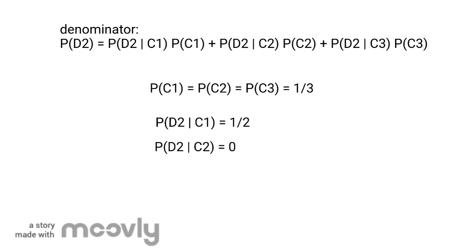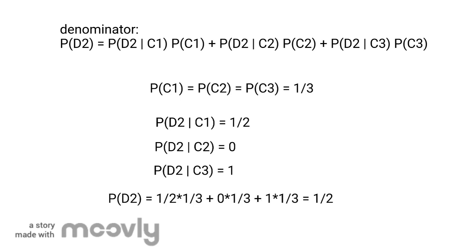P of D2 given C2 is equal to 0, because given the car is behind door number 2, the probability of the game host opening door number 2 to reveal the goat is 0. P of D2 given C3 is equal to 1, because given the car is behind door number 3, the probability of the game host opening door number 2 to reveal the goat is 1. Finally, the computation of the denominator value becomes half.